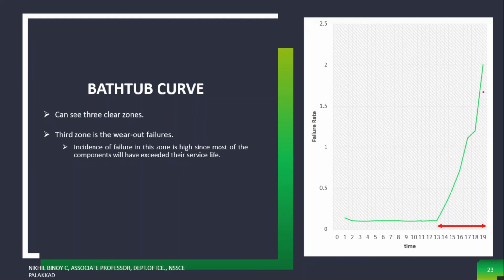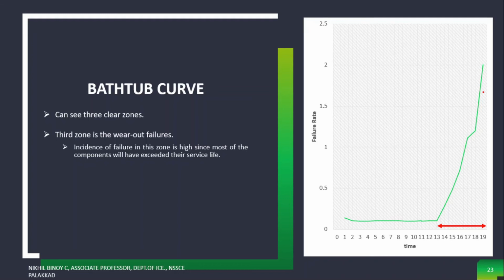Out of that 200, the number of components failed per surviving component is large. Not with respect to 1000. Out of 1000, after the 13th interval, almost 700 components have failed. The remaining components are around 200, so compared to those 200 components, the failure rate is large, because the lifetime is reached.